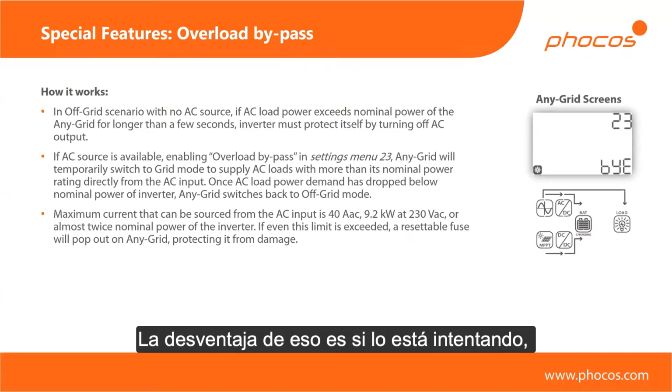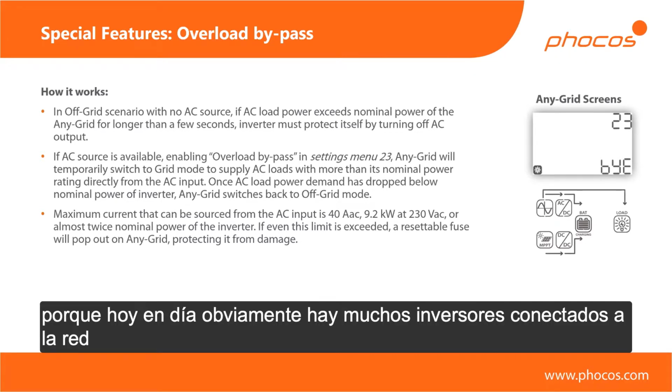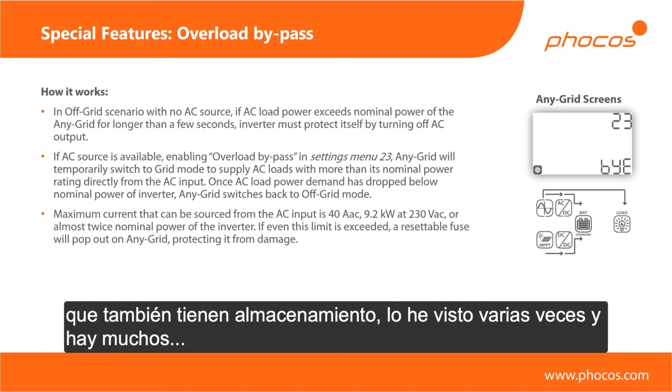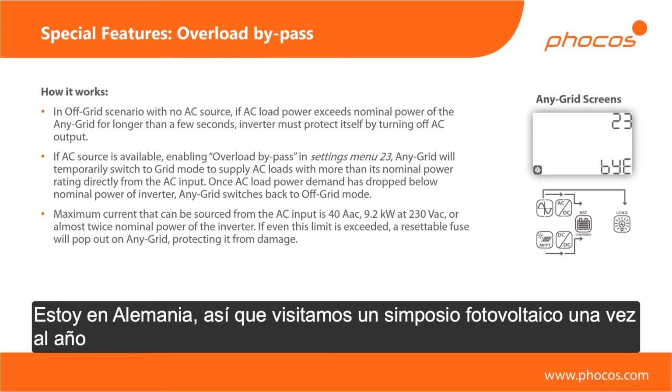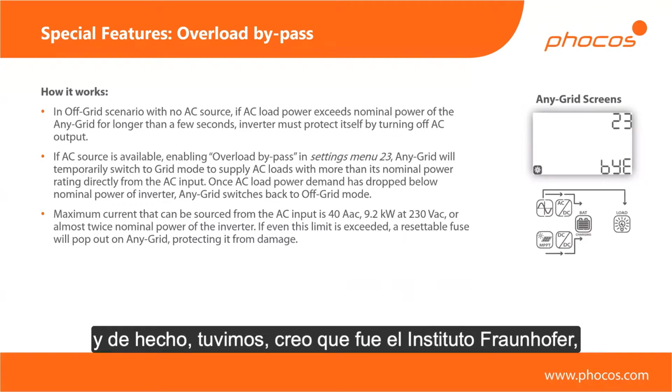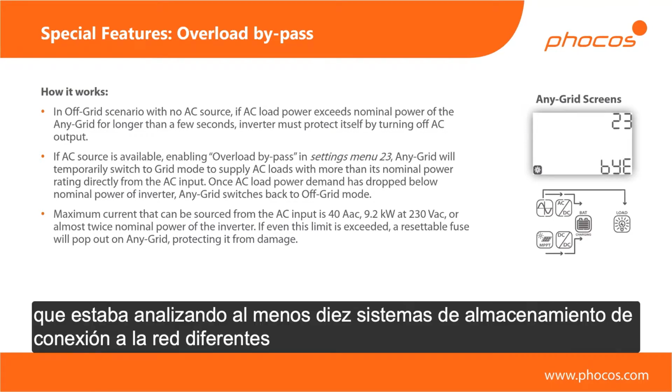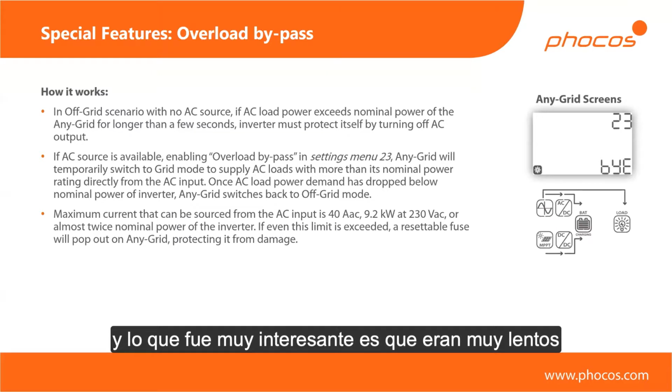The downside from that is, because nowadays obviously there's a lot of grid-connected inverters which have storage as well, I've seen several times, I'm based in Germany, so I visit a PV symposium once a year. And actually we had, I think it was the Fraunhofer Institute, which was looking at least 10 different grid-connected storage systems. And what was very interesting is they were very slow.